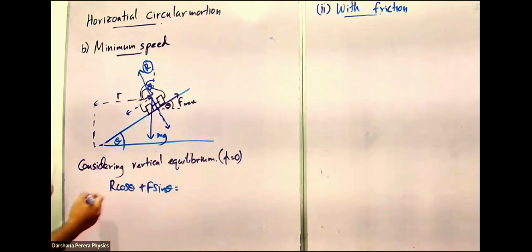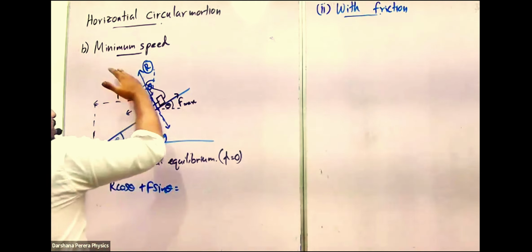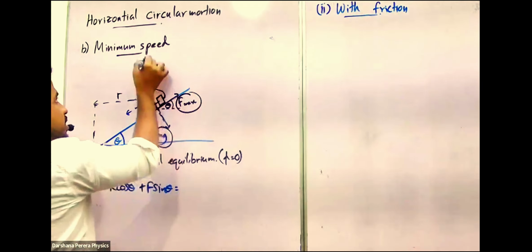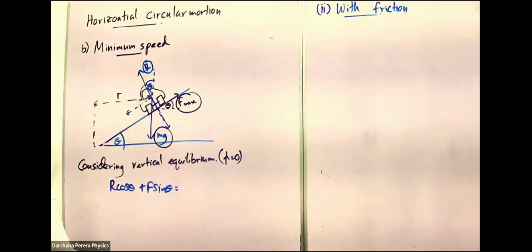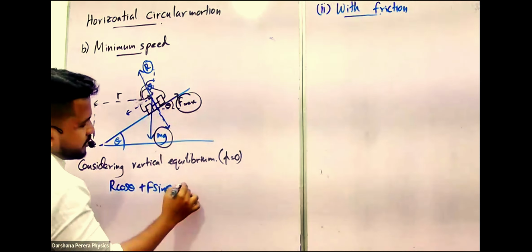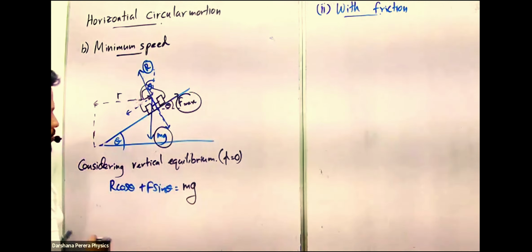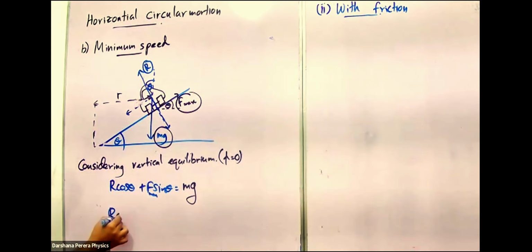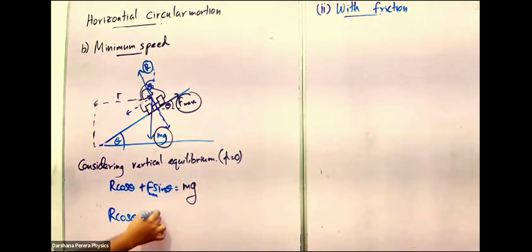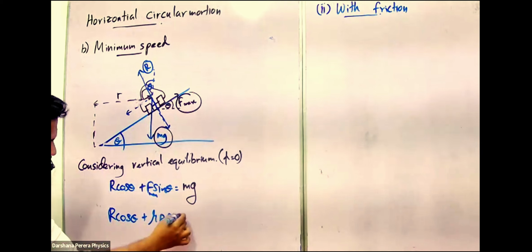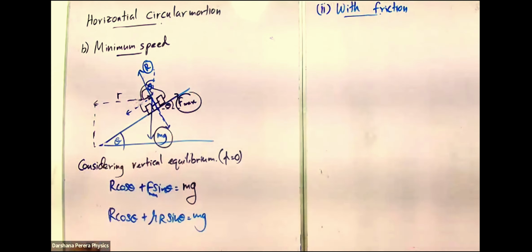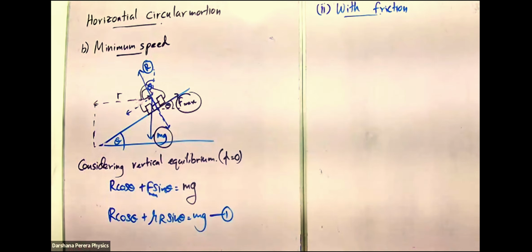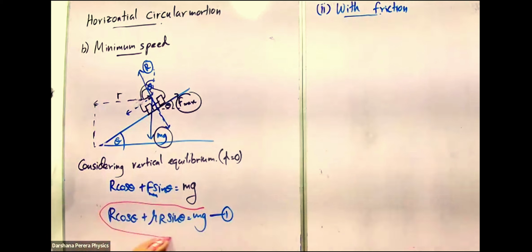F max sin theta equals mg. So this is F max: R cos theta plus mu R sin theta equals mg. This is number 1, the first equation.